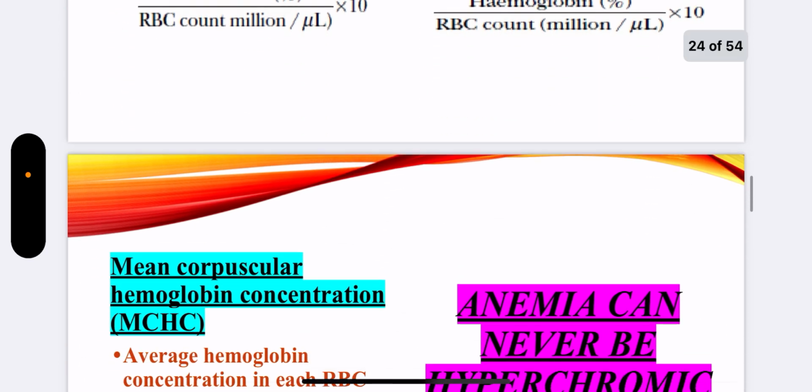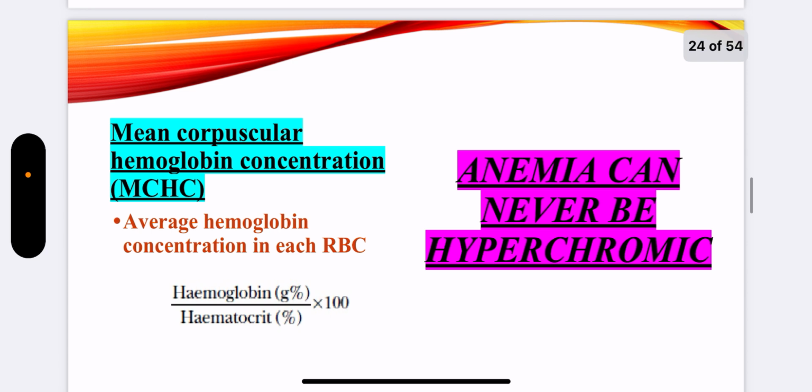Next index is mean corpuscular hemoglobin concentration, abbreviated as MCHC. It represents the average hemoglobin concentration in one RBC. The formula for calculation is here: hemoglobin in gram percentage divided by hematocrit or PCV in percentage, multiplied by 100.